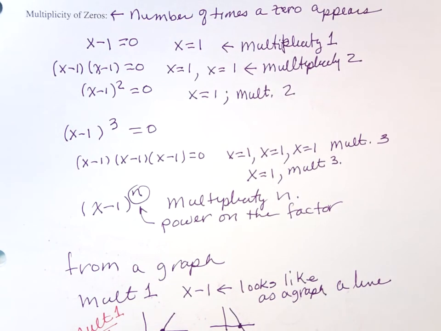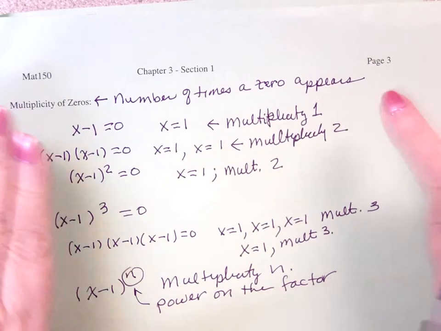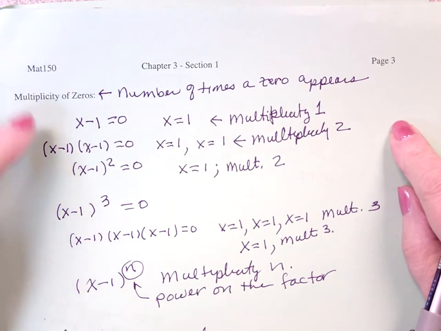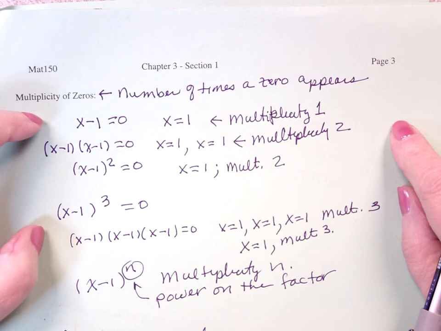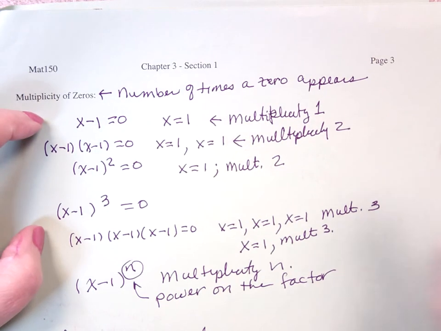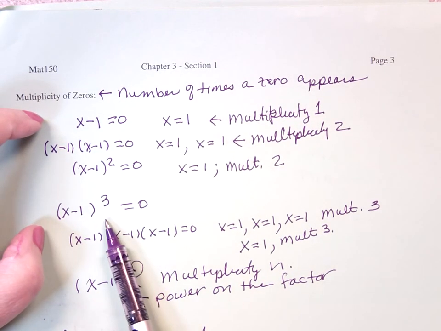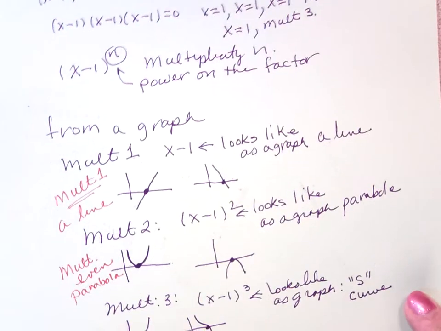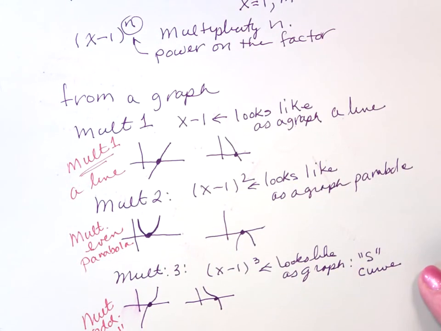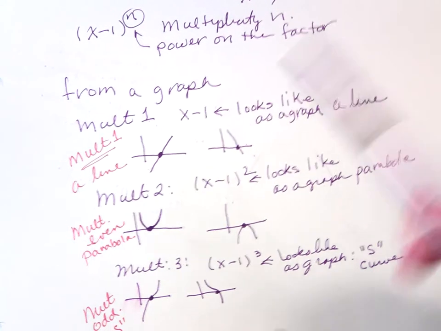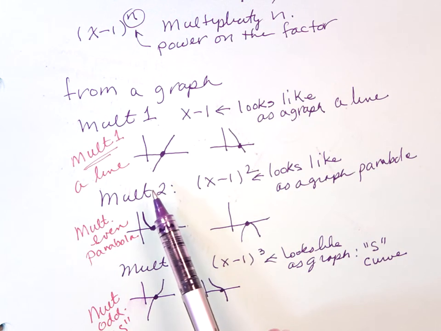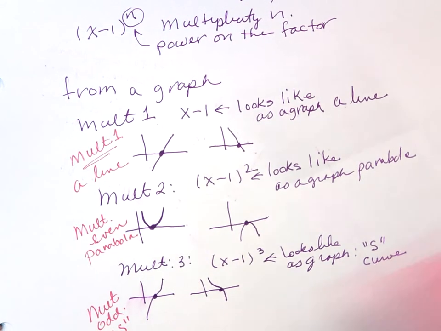So going back to page 3, we talked about multiplicity of zeros. We talked about multiplicity being the number of times a zero appears, which actually ends up being the power on the factor. What goes along with multiplicity, on a graph, which is what's coming up now, is that I can tell what the graph is going to look like at that zero by its multiplicity.